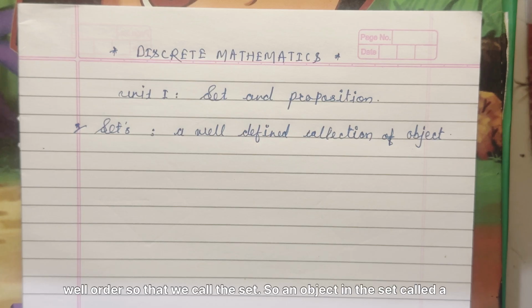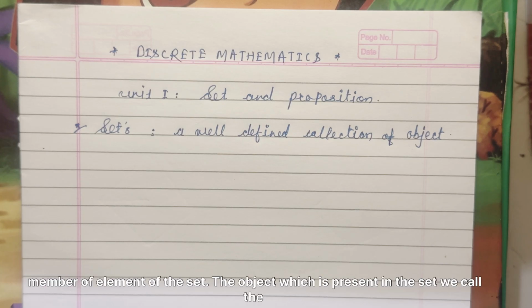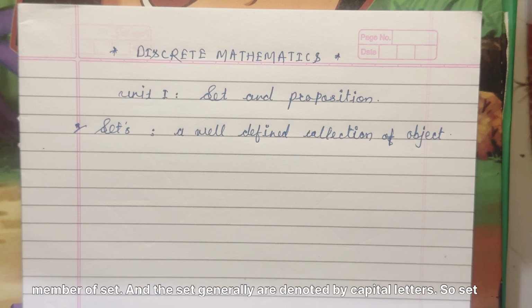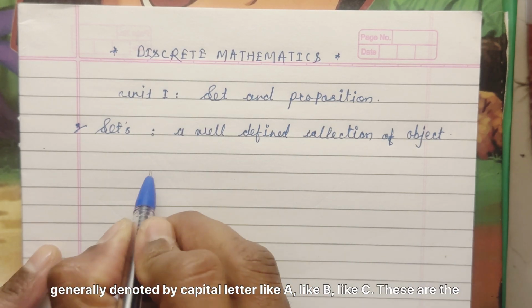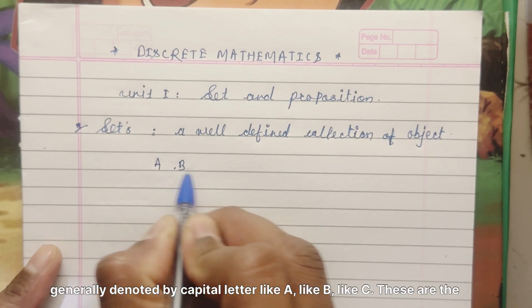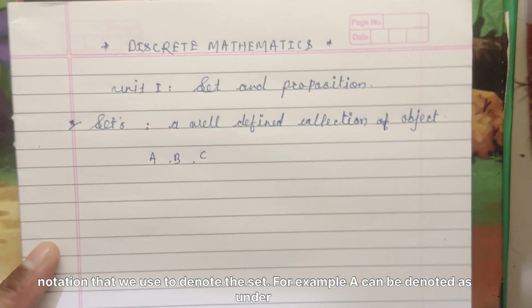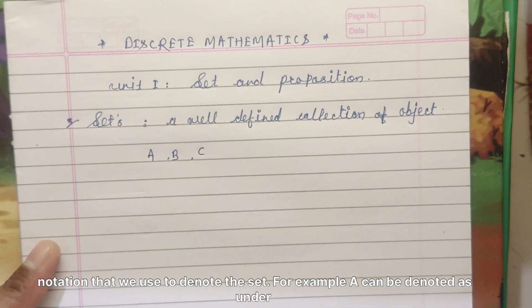An object in the set is called a member or element of the set. The object which is present in the set we call a member of the set. Sets are generally denoted by capital letters like A, B, C. These are the notations that we use to denote a set.